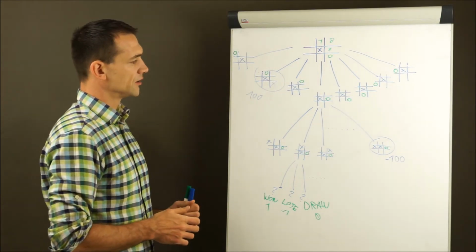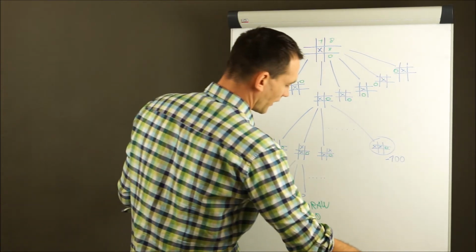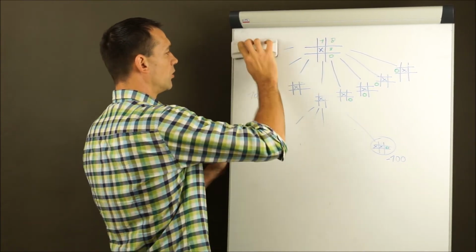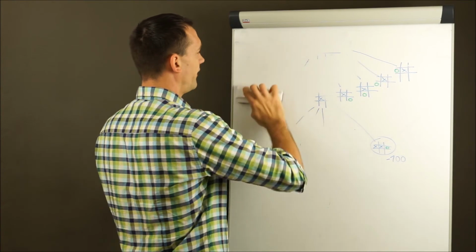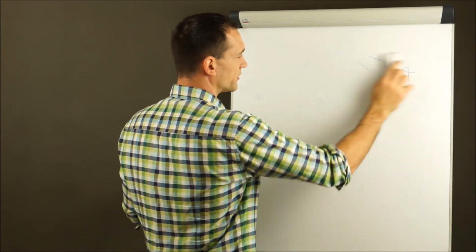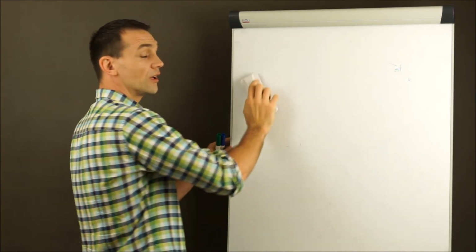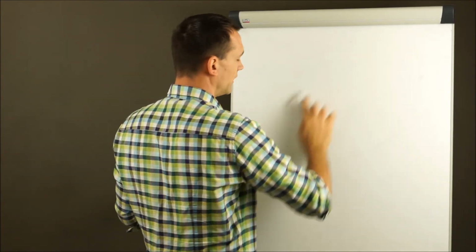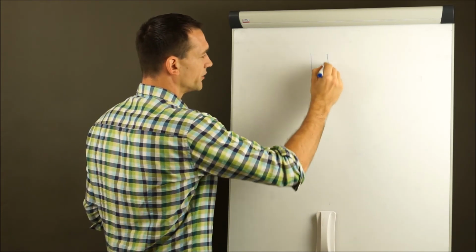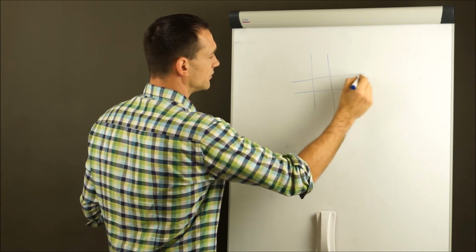For example, I will show you what situation fails when you use just a simple recursive approach with the evaluation 1, 0, -1. So let's imagine a board like this.